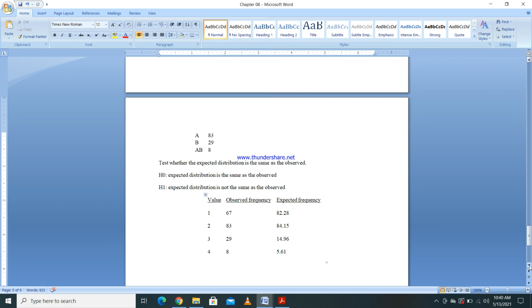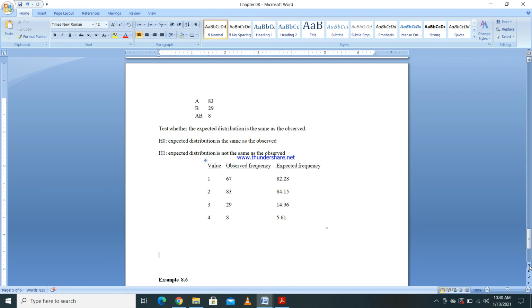And then when you calculate this value, if you want, I will calculate it: the observed is 67 minus 82.28, and then you have to square it, and then divide it by 82.28, right?